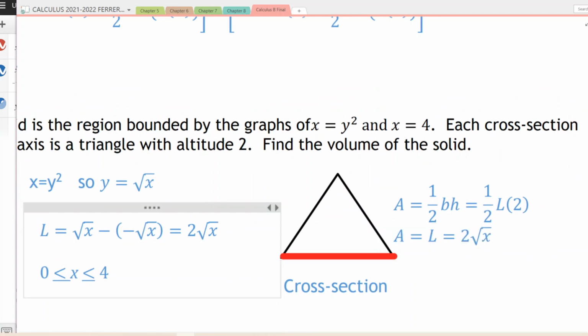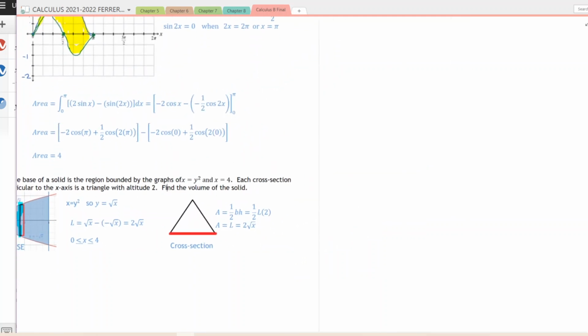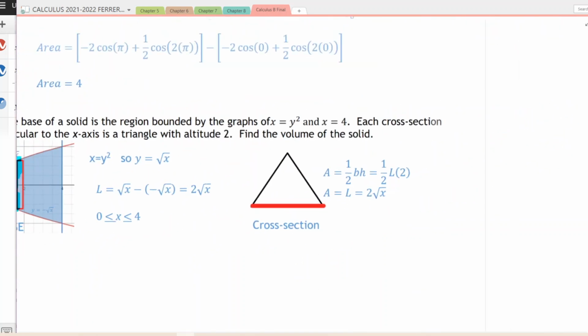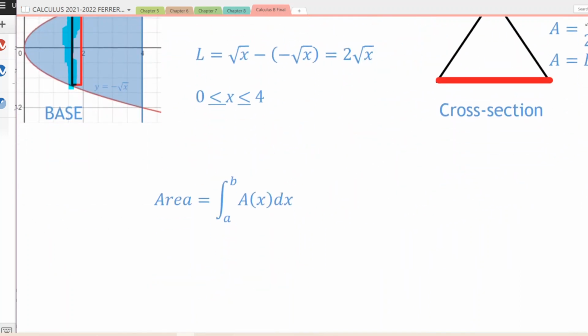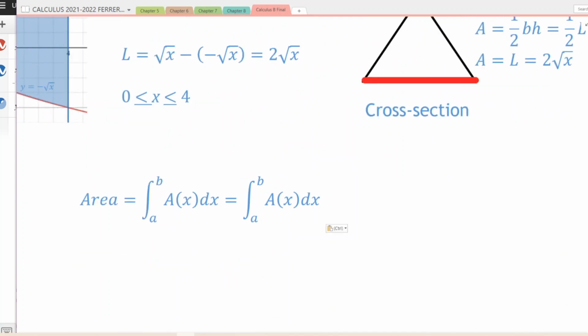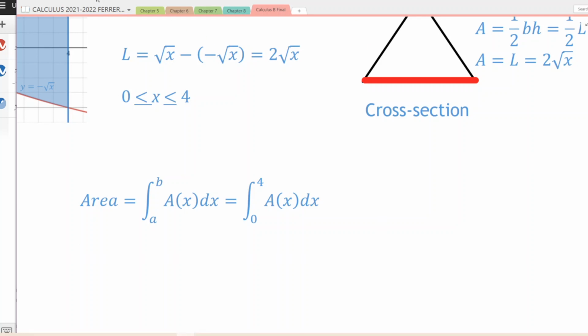So now we have everything we need in order to get the volume of this solid. The volume is equal to the integral from a to b of the area formula. We know a is 0 and b is 4, and we know the area formula is 2 square root of x.